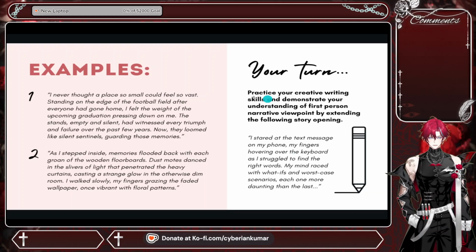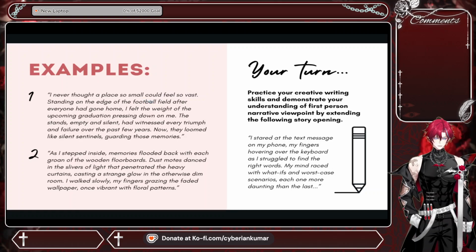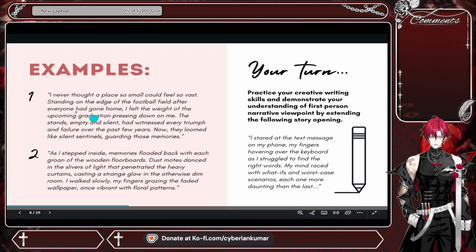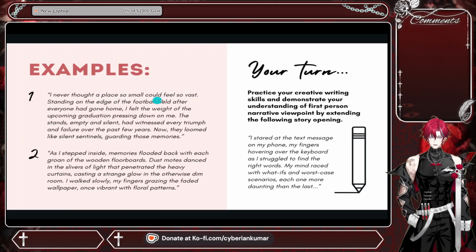Now, the examples of first person narrative are like this. These are the two examples here. I never thought a place so small could feel so vast. Standing on the edge of the football field after everyone had gone home, I felt the weight of the upcoming graduation pressing down on me.